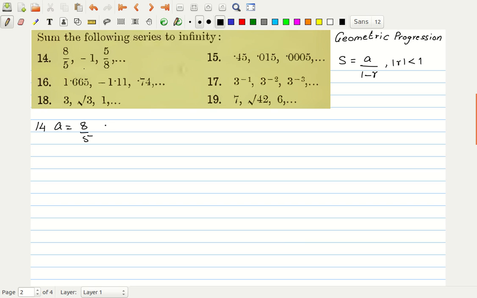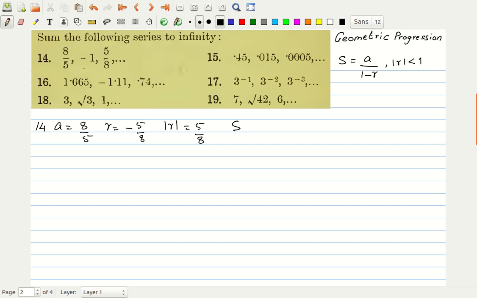Now r in this case, if you divide the third term by the second term, is minus 5 by 8, right. Now what is the absolute value of r? It is 5 by 8. So the absolute value of r is less than 1.